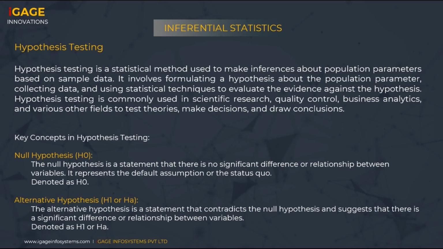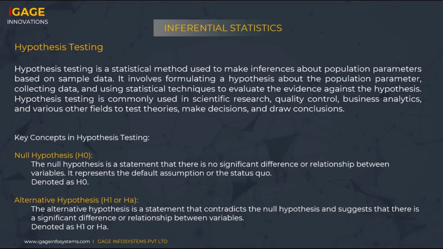But the alternative hypothesis says no. The alternative hypothesis supports that the 100 defective bulbs are not just getting produced by chance. There is a specific non-random situation, a specific reason why it is producing 100 defective bulbs on an average.